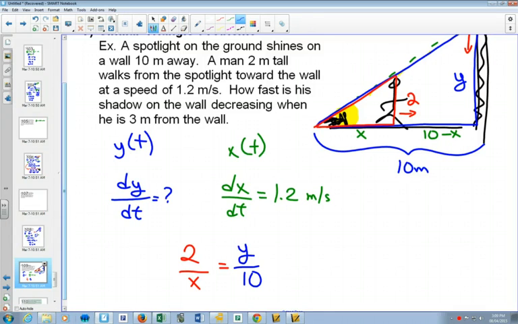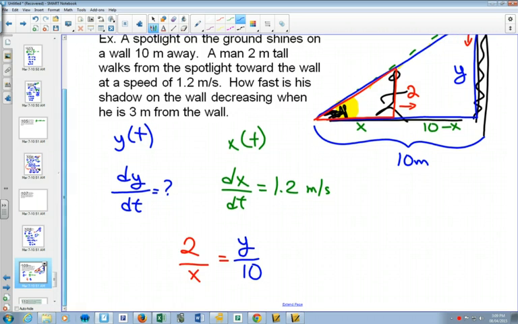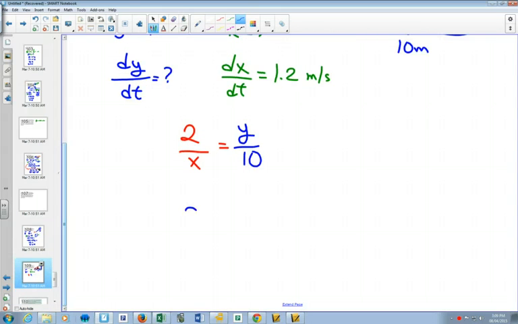What I just did is I made an equation that has both x and y. I'm going to simplify that equation so it doesn't have any fractions. Multiply both sides by 10, both sides by x, and I'll get 20 equals yx.